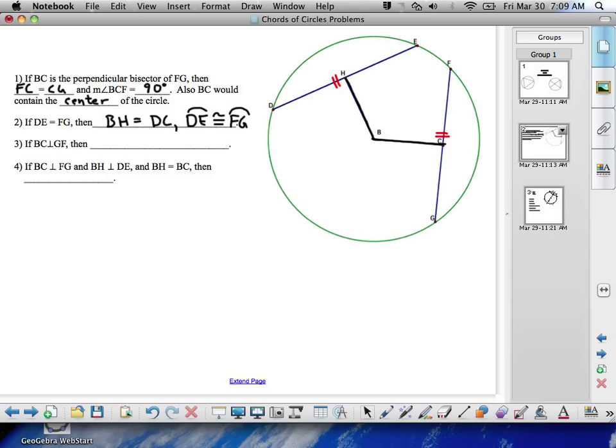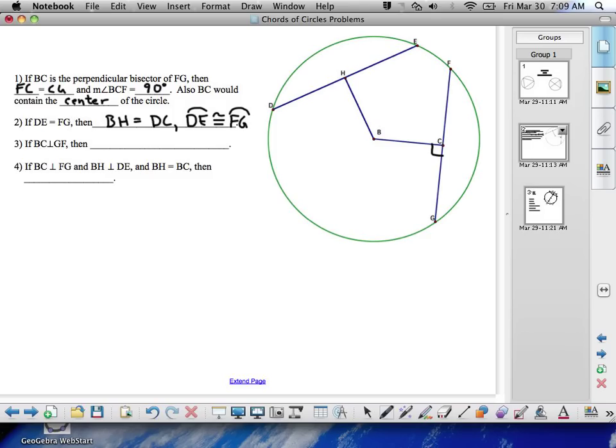All right, number 3, if BC is perpendicular to GF, then what do we know? Well, if it's perpendicular, we know that the angle it makes is 90 degrees.